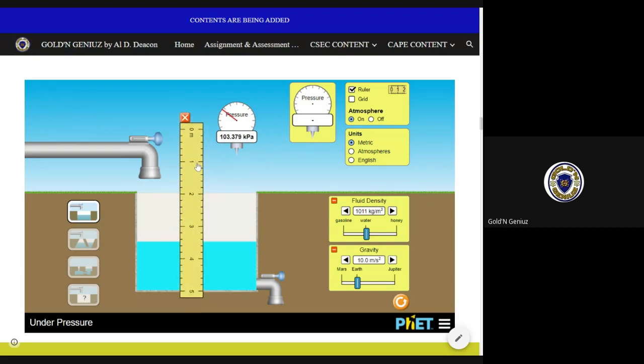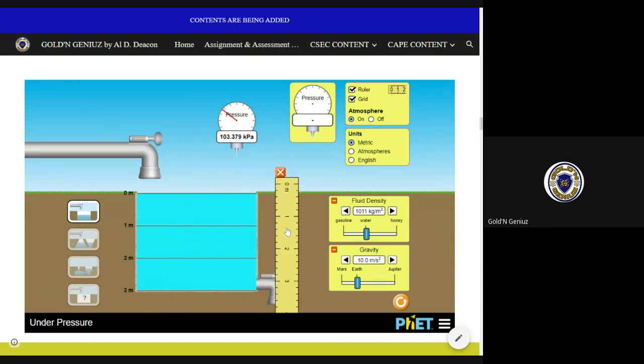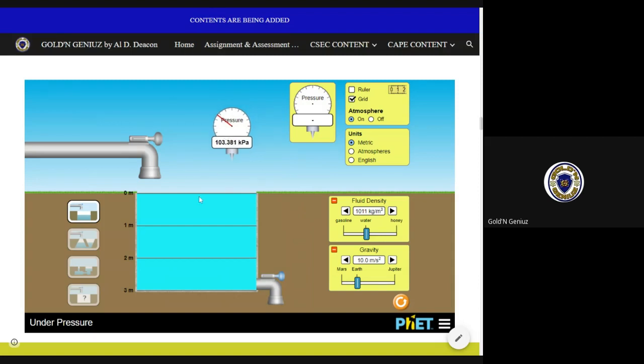Now, let's take the height of this liquid. Remember someone told me that when you increase in depth, the pressure increases.